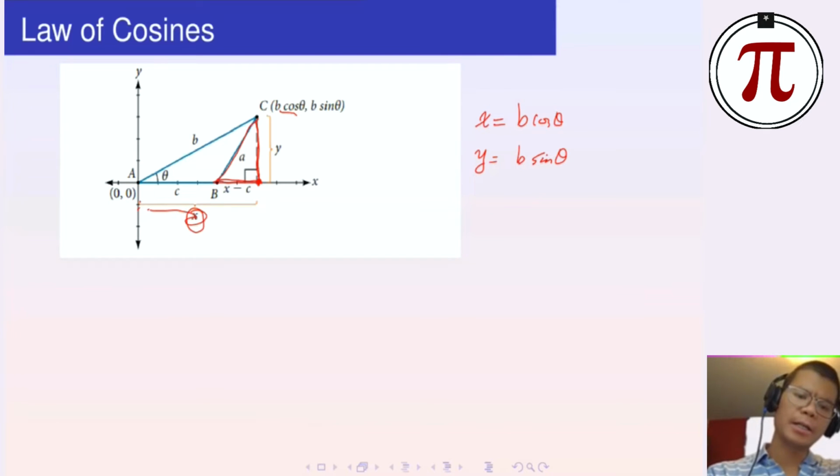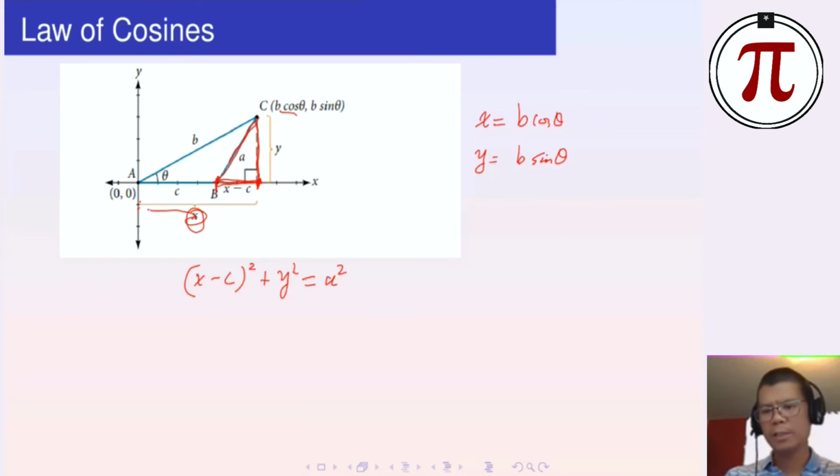And this side, the hypotenuse, is a, right? So we will have (x minus c) squared, which is this side, plus y squared, and this should equal a squared. Yes, it's a right triangle, the Pythagorean theorem.